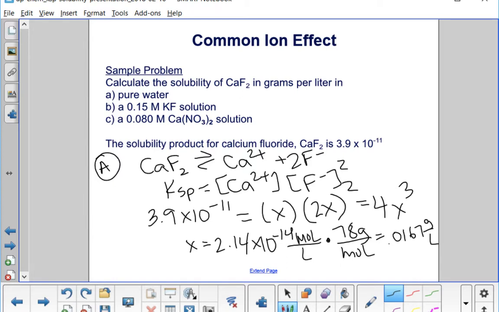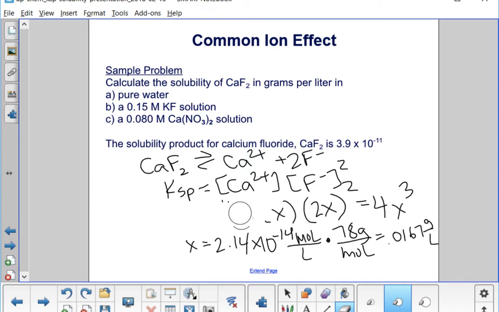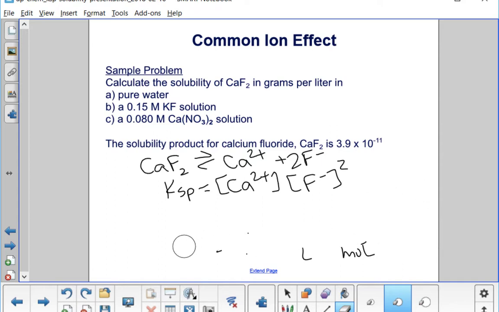Now in parts B and C, we're going to add a common ion and expect the equilibrium to shift to the left. So we should get a solubility that's much less than 0.0167. So let's go ahead and move on to part B. I'm going to keep some of this the same since the general dissociation isn't changing and the Ksp expression isn't changing.